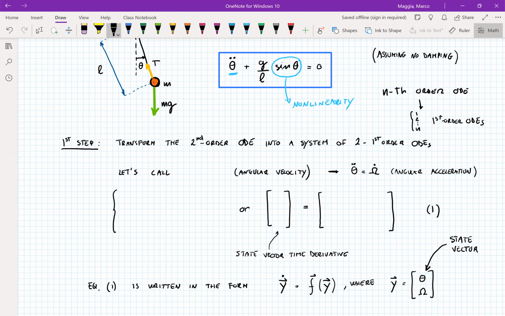Well, first of all, let's call the first derivative theta dot. We're going to give it a new name, capital omega, and this represents the angular velocity of the pendulum. Therefore, the second derivative of the angular position is equal to capital omega dot, and that represents the angular acceleration.